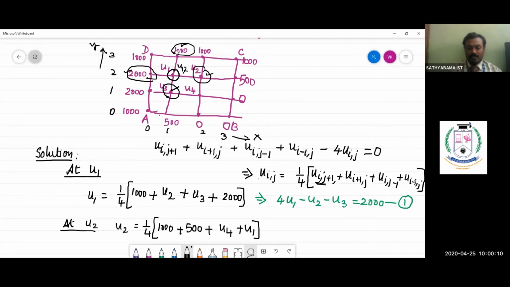So rewriting this equation, we get 4u2 minus u1 minus u4 is equal to 1500. This is equation 2.